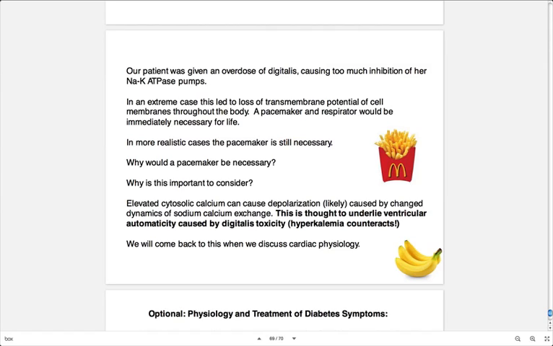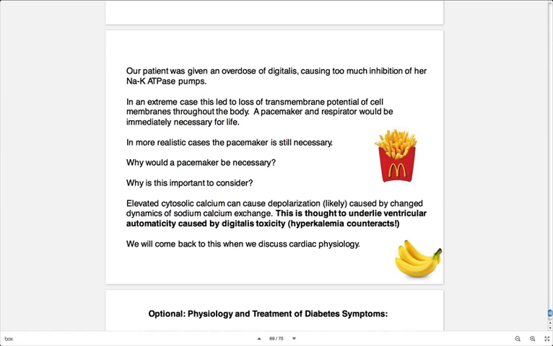So in an extreme case you need to give this person a pacemaker and some sort of breathing control, a respirator, because if you didn't have neural or cardiac function, that's not conducive to healthy life. It turns out that potassium, in this case, oddly, can help to counteract some of these overdose problems. So you could tell your patient, in some cases, especially hypokalemia, to eat a banana.